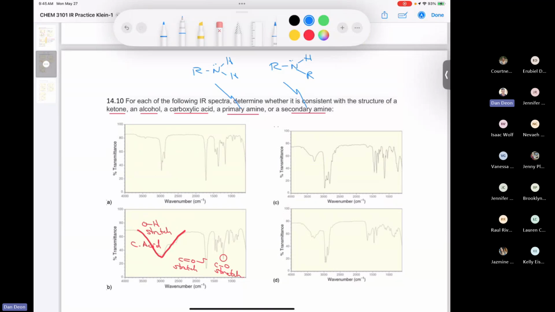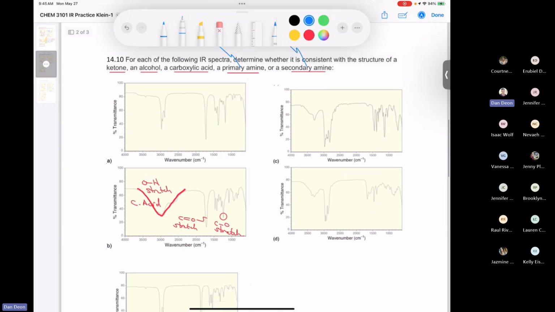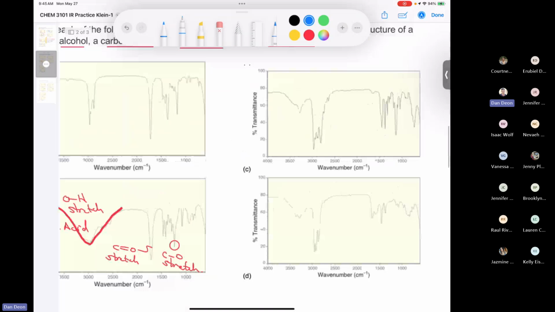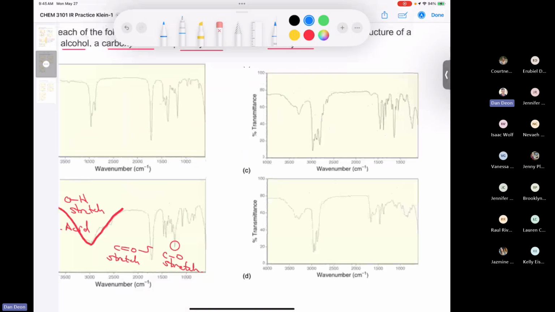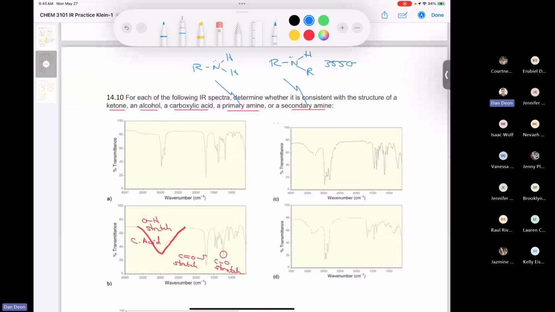And so if you look at C and D, you can see that in the region for the amine stretching, which is around 3550 to 3250, so we'll put 3550 to 3250 reciprocal centimeters. That's actually what we see here. It's kind of this broad stretching. It's not very big, but it is there, here, and here.